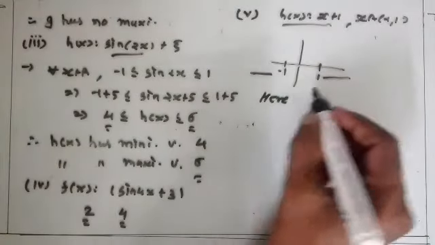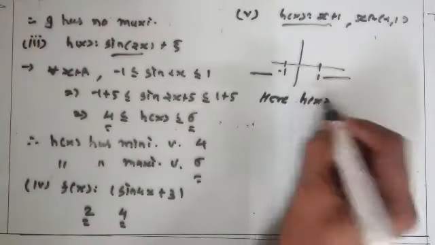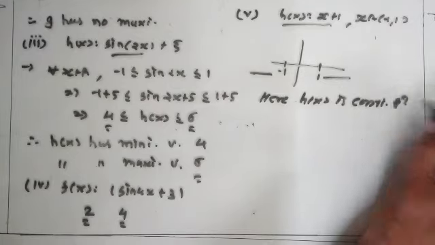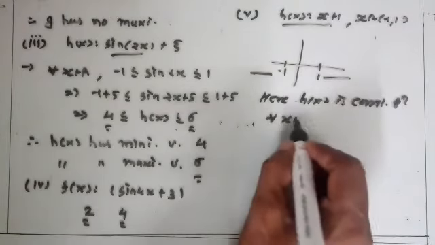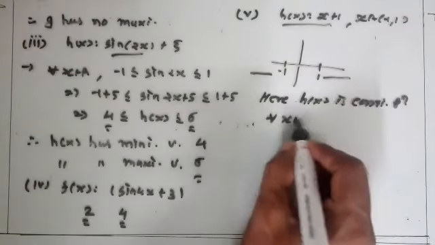Here h(x) is a continuous function for all x belonging to (-1, 1).